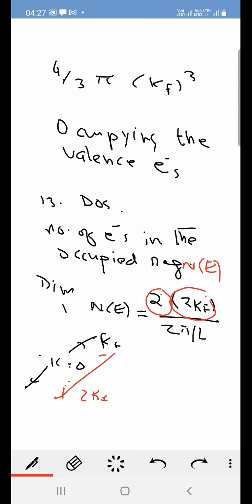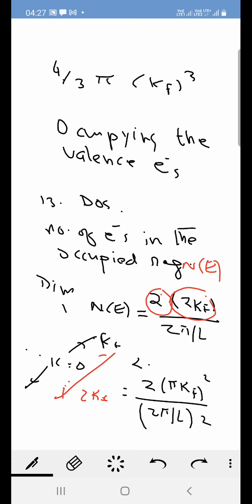If the dimension is 2, it will be again twice into pi Kf square, the area, divided by again 2 pi by L whole square. It's for dimension 2, and lastly for dimension 3, we are considering the volume.